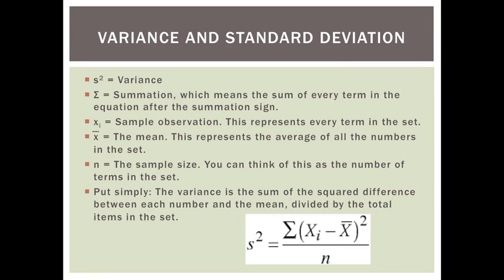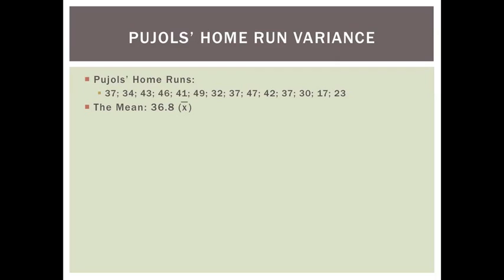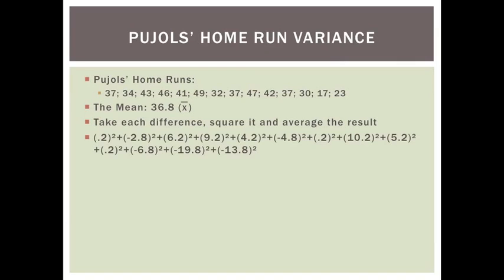The variance is the sum of the squared difference between each number and the mean divided by the total items in the set. So we are looking at Albert Pujols' home run variance using, of course, the data set that we had previously. Those are all of his home runs. The average, or the mean, is 36.8 per year. So you take each difference, square it, and average the result. So 37 minus 36.8 is 0.2. 34 minus 36.8 is negative 2.8, and so on, and you square each one of those.